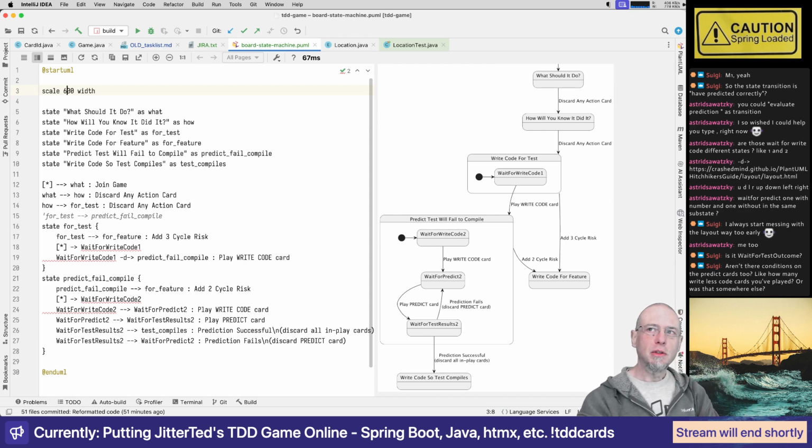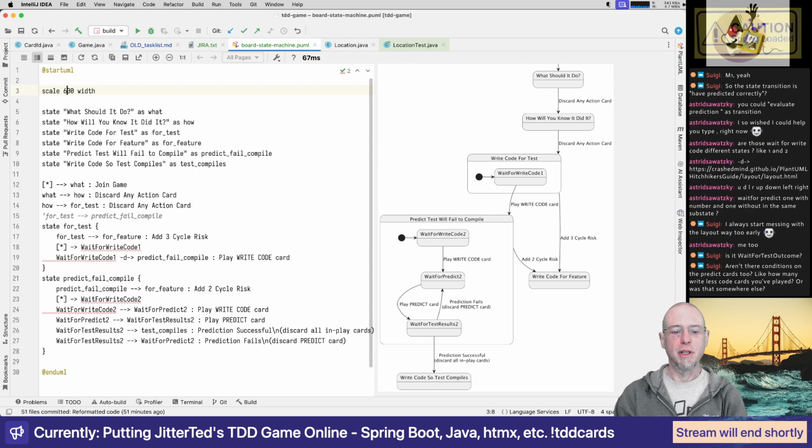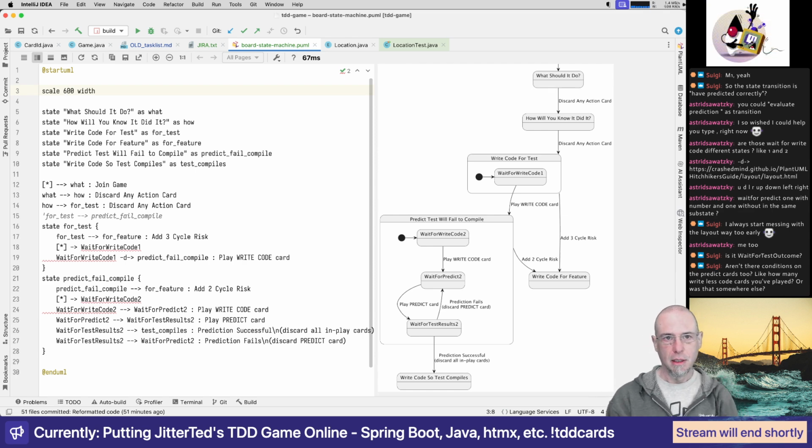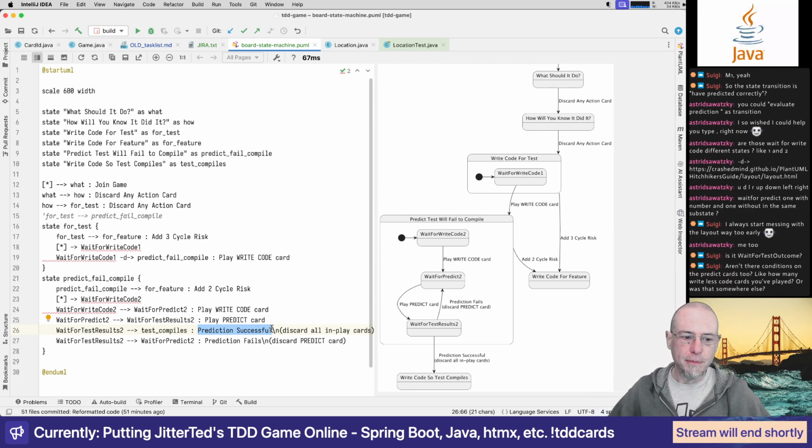So the number of less code cards played, less code cards aren't required. They don't change the state. They just affect whether the prediction is successful or not. So that's more about when we randomize the prediction outcome, that will depend on the number of less code cards. Technically we could put it in, or we could just ignore it.